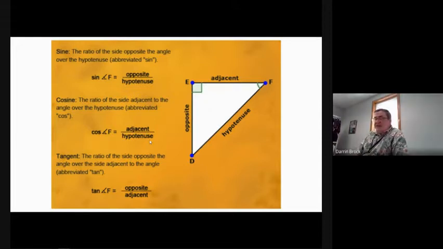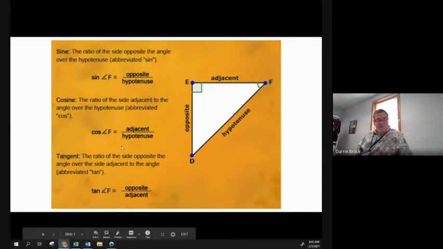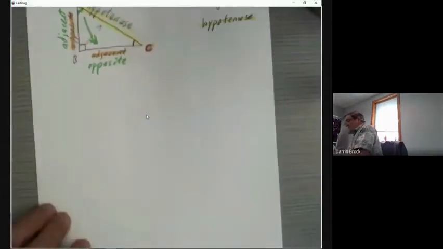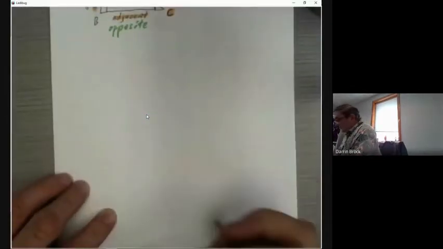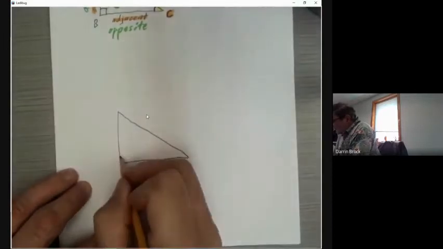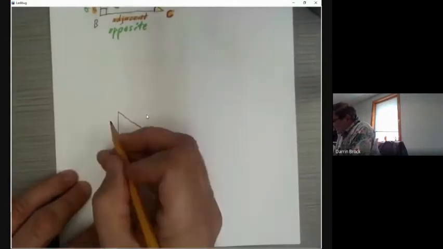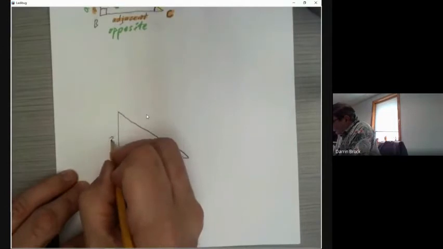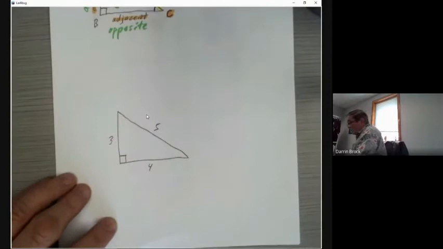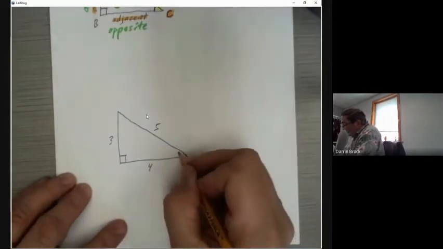Okay, so let's put that into action with an actual triangle, with some numbers on it. I'm going to move down here and we're going to do another triangle. I'm drawing another right triangle, and let's say the sides of this triangle are 3, 4, and 5. We're going to talk about this angle right here.